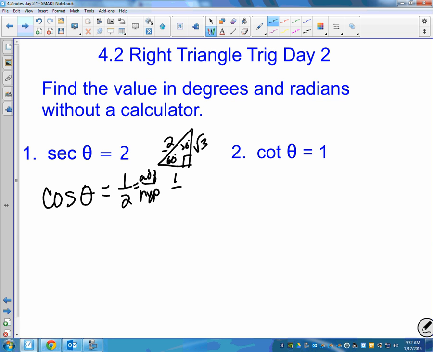Which means there's not a lot of work to show on these. It's kind of a lot of brain work, or it's kind of looking at your triangle and understanding what you're looking for. So the answer here is, what value of theta has a secant of 2 or a cosine of 1/2? Theta. It also says in radians, so this is kind of good practice.